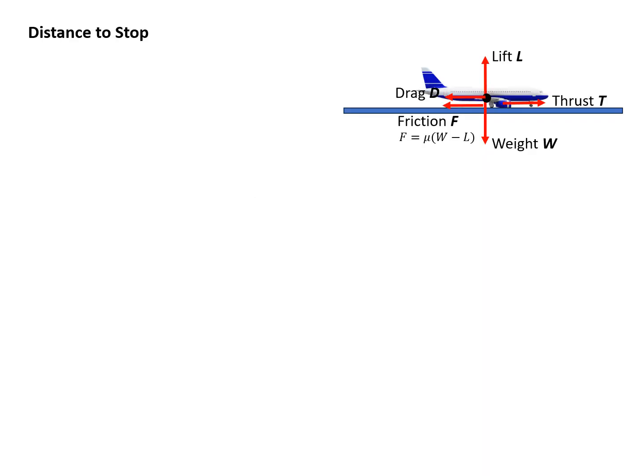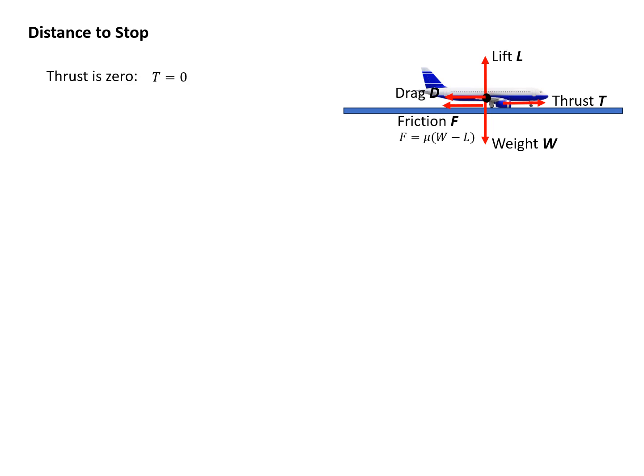Now we are trying to estimate the distance to stop. On the right hand side, we can see the force diagram acting on the aircraft. So we have lift and weight. Along the runway, we have the thrust, and we have drag and also friction F, which equals mu times W minus L. So that's Newton's friction law.